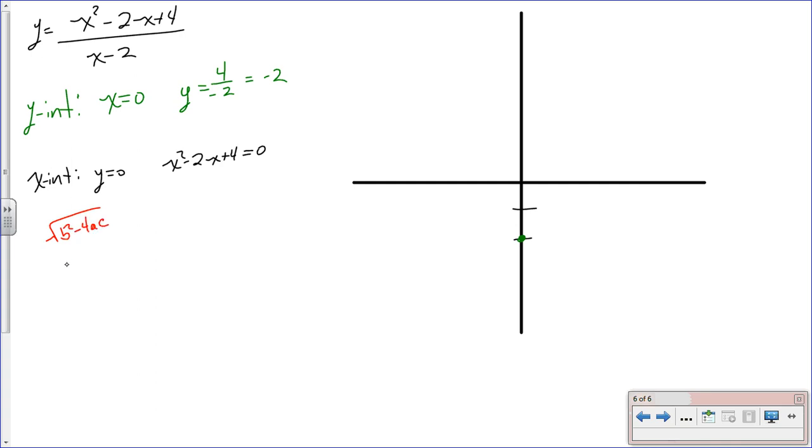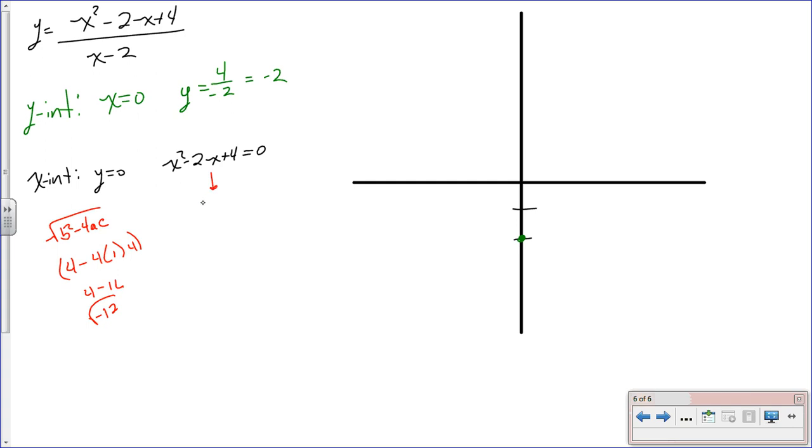Well, b squared is 4, minus 4 times 1 times 4. So you have 4 minus 16, which is negative 12.